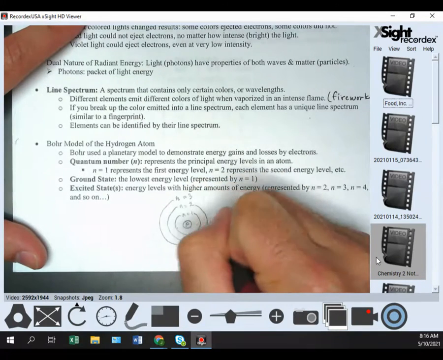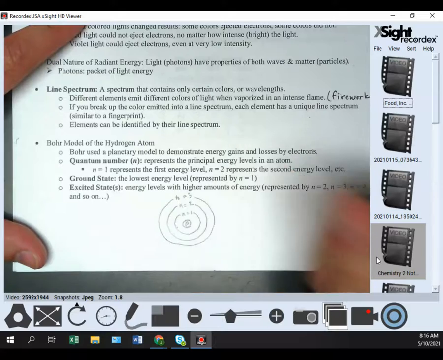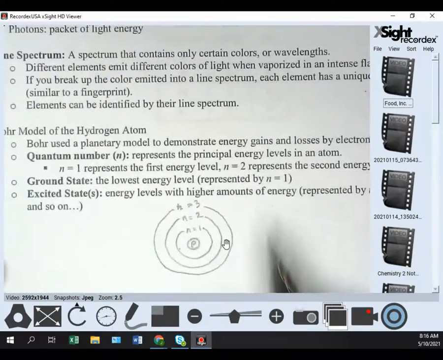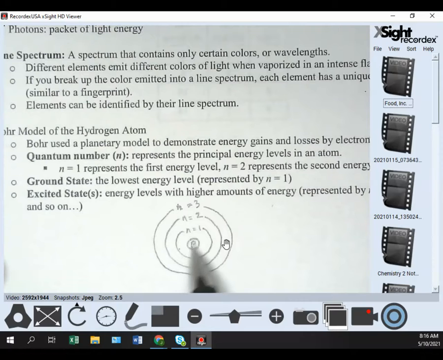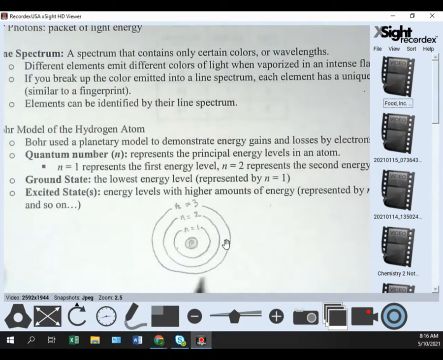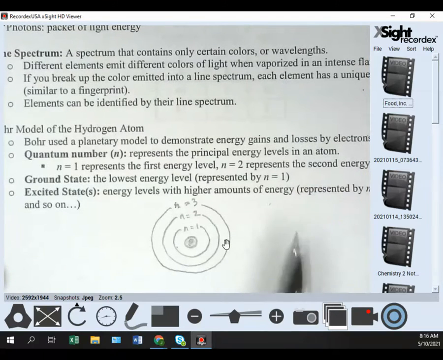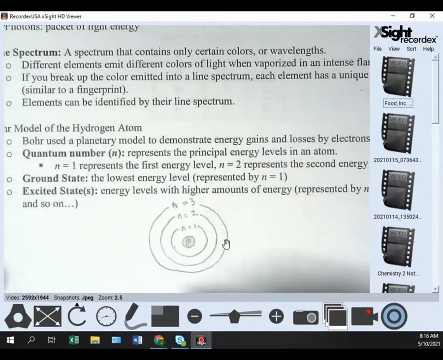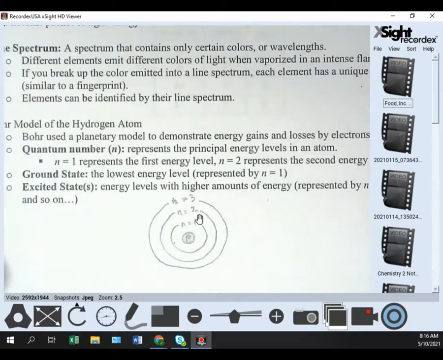So that's enough. You guys get the idea. I don't need to do a billion levels. But basically, you have a solid nucleus in which the protons are contained, and then you have electrons orbiting around the outside. It's called the planetary model because it looks like a solar system with the planets.